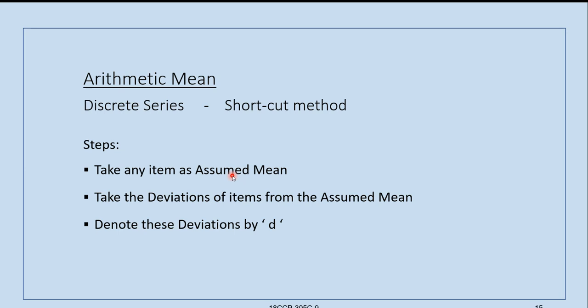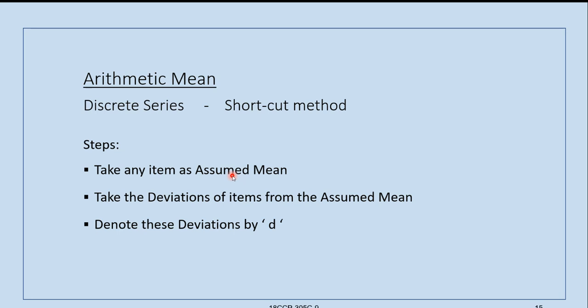Please note carefully, small d indicates deviations. Now small d is equal to x minus A. So we can assume any value from x. Normally it is taken from x. We need not take exactly from x also.